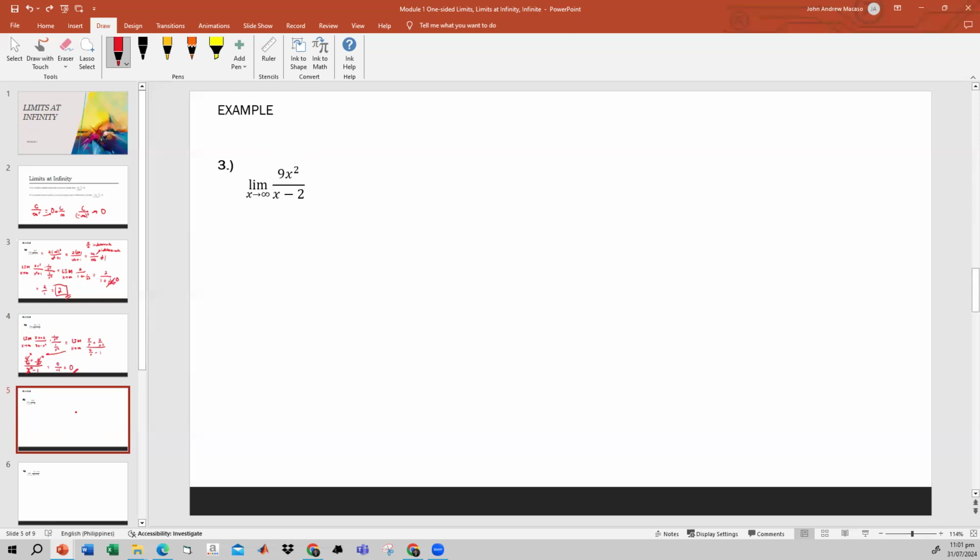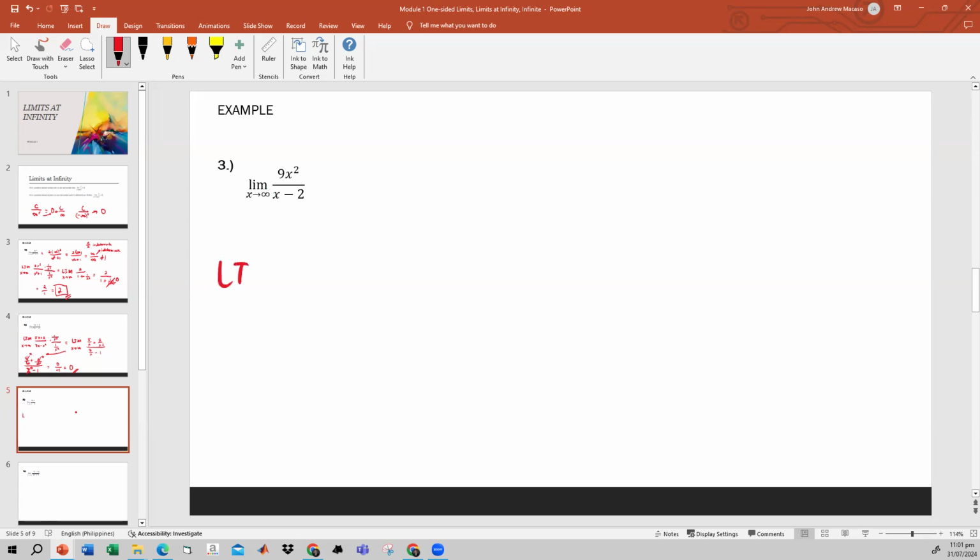So in that case, what I'll do, class, is instead of getting the highest degree, I will factor out the least degree that I can see on the given function. Of course, the least degree that I can have is x, or x raised to 1, or simply x.